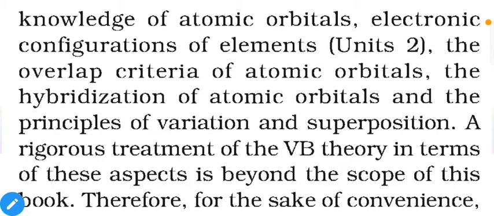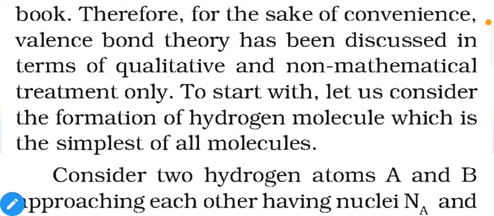A rigorous treatment of VB theory in terms of these aspects is beyond the scope of this book. That means we are not going to discuss all of the points mentioned here, but we will try to understand VB theory in basic detail. So, for the sake of convenience, valence bond theory has been discussed in terms of a qualitative and non-mathematical treatment only.